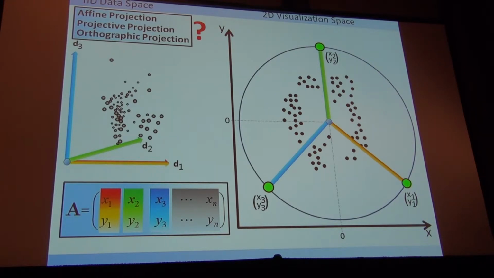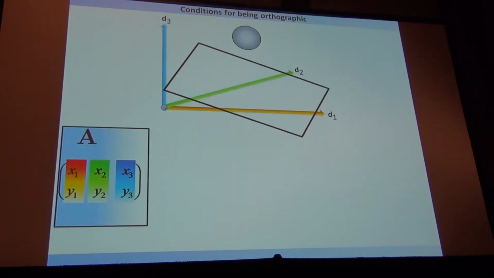For this, one question needs to be answered first, namely how can an orthographic projection matrix A be defined? In order to reveal this, we consider a certain projection configuration for the projection from a 3-dimensional data space onto a 2-dimensional visualization space.